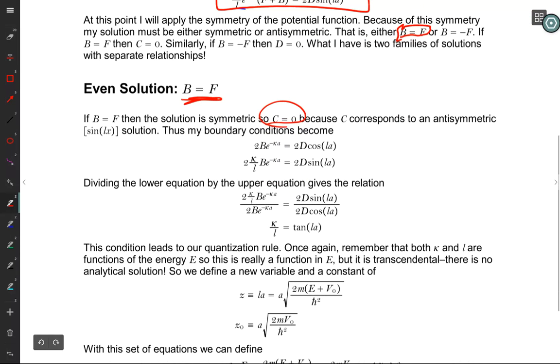So those are now conditions that we get from those equations if it's the even case. The easiest way to solve this is to divide. The d's and b's both divide out, and we find a relationship between kappa and L and A.